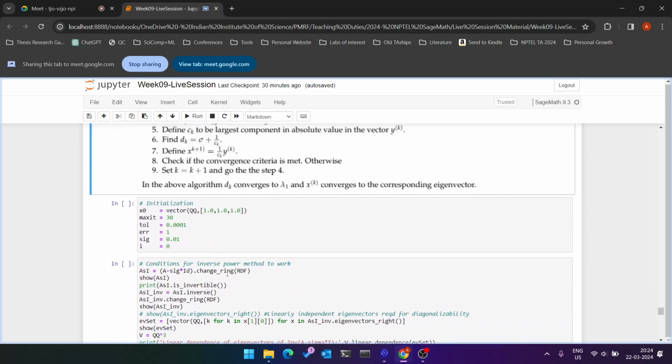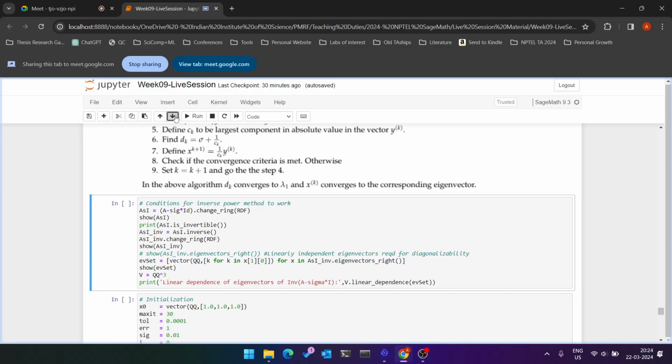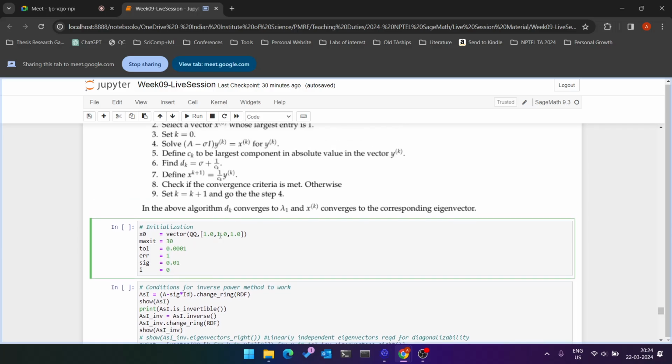For doing so, first we'll assume some initial guess, again 1 1 1, maximum iterations, tolerance, and some sigma value. At the moment, I do not know what sigma is. So for this example, I've just taken a small value of 0.01.